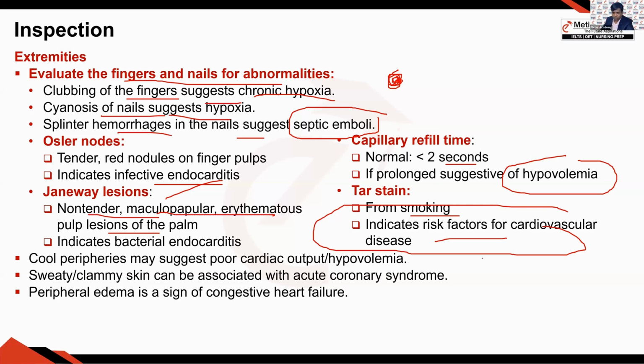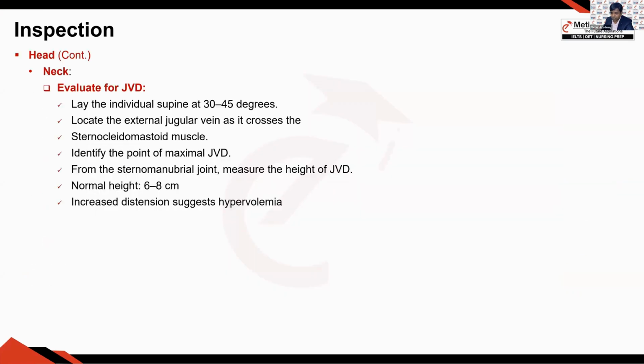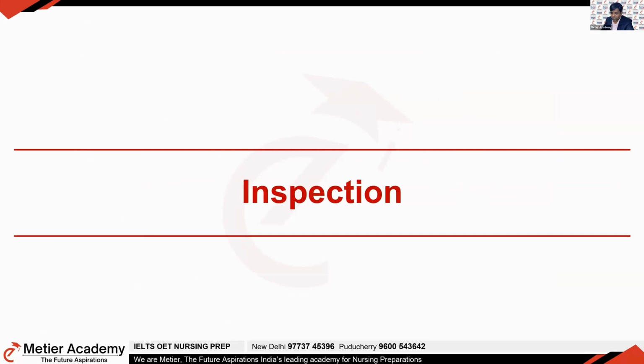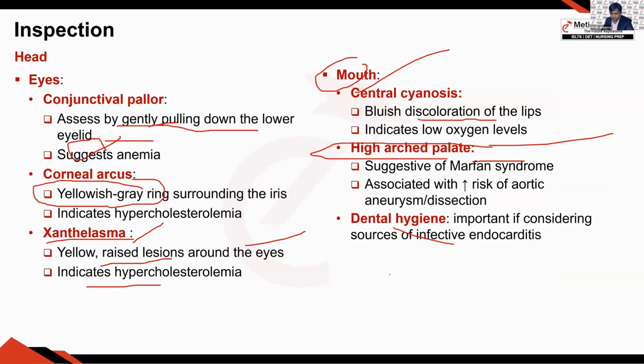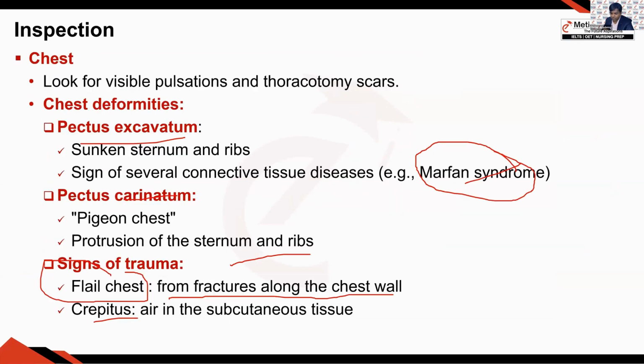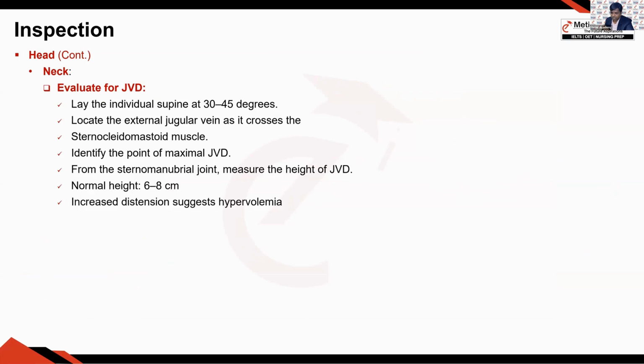Next. Cardiovascular assessment, the inspection. We have seen the chest, right? We have seen chest deformities, chest trauma. What are the problems related to the chest? Flail chest also causes respiratory failure. Then head, eyes, mouth, and we have studied about the neck.